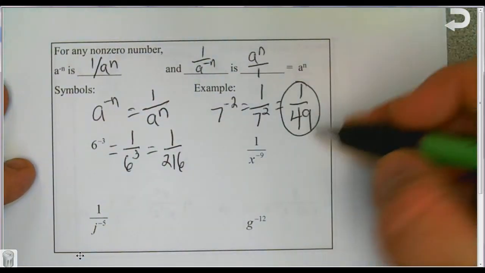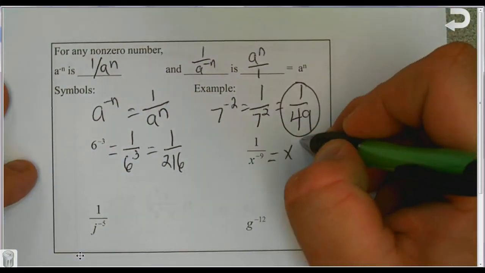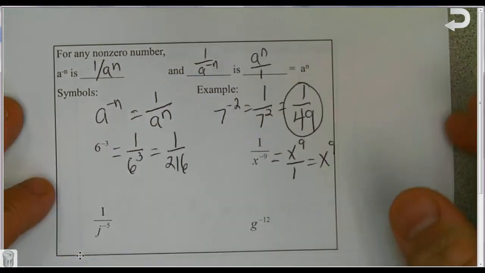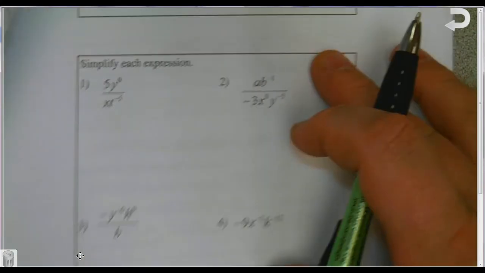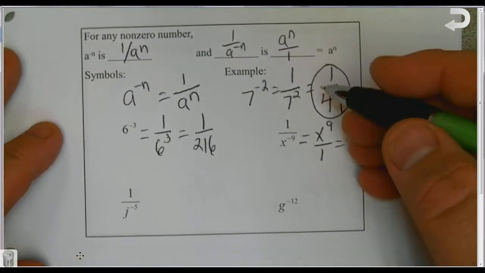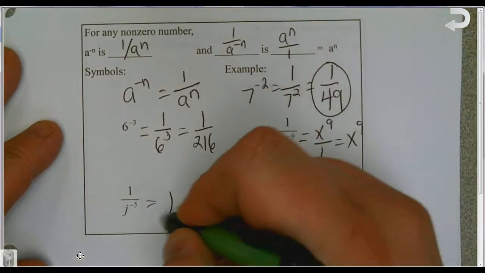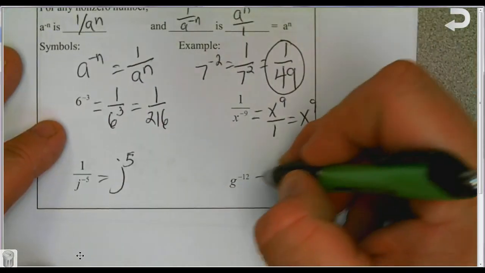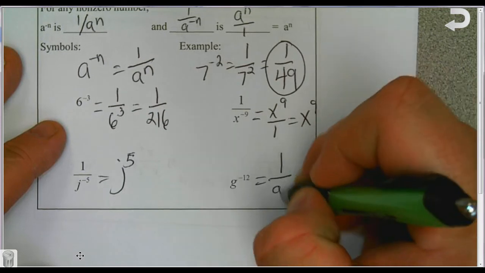If I have 1 over x to the 9th, that's equal to x to the 9th over 1, which is equal to x to the 9th. 1 over j to the negative 5th is equal to j to the 5th. G to the negative 12th is equal to 1 over g to the 12th.